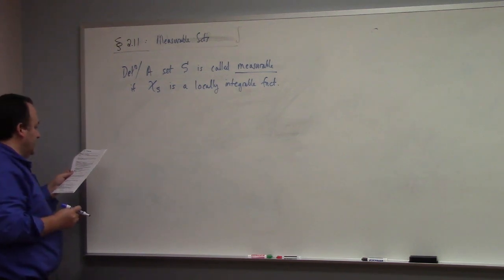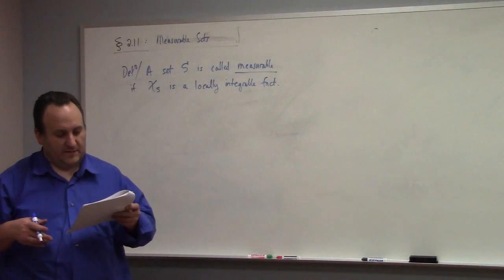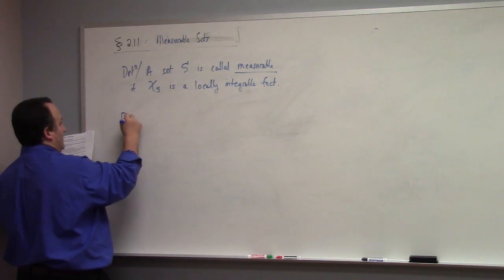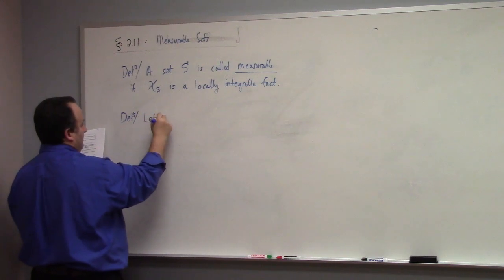He says, to every measurable set, we assign a non-negative number or infinity, which is called the measure of the set. So here's the definition. Let S be a measurable set.